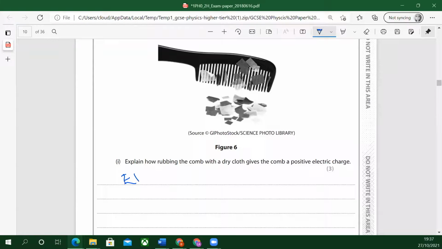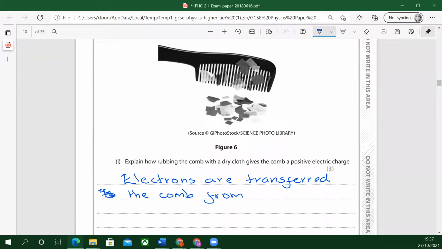So electrons are transferred to the cloth from the comb.